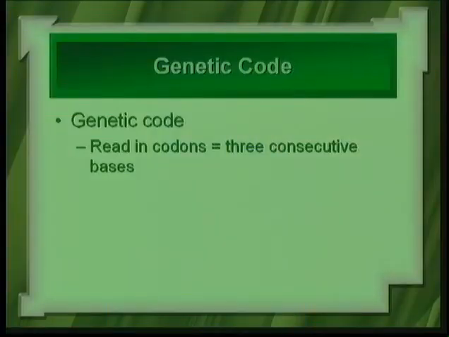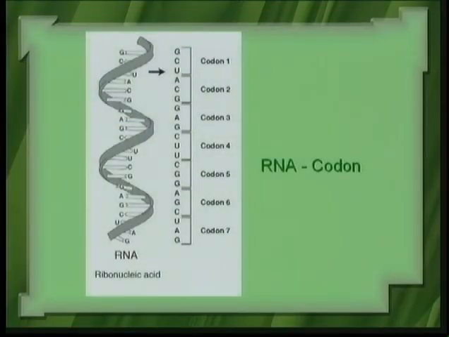Okay, so furthermore with the genetic code. Remember the codons are a sequence of 3 consecutive bases adjacent to each other. This illustration shows a particular section of RNA, and in this case we have codon 1 with its GCU.